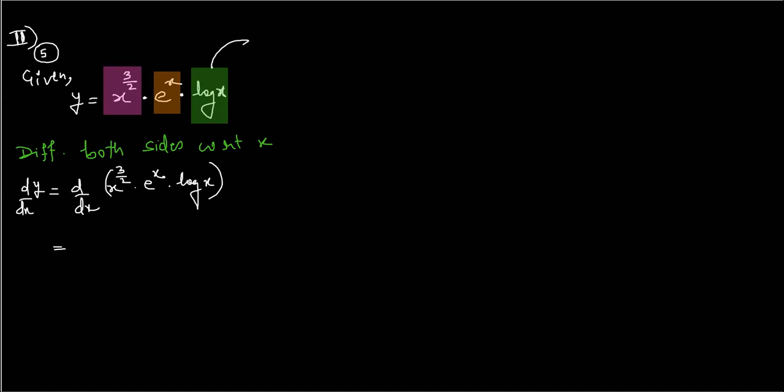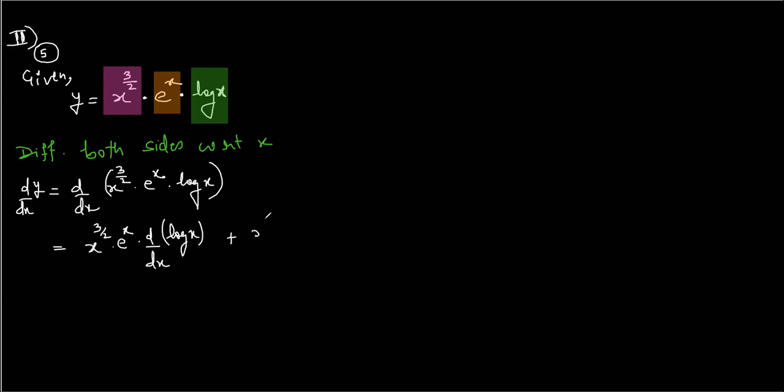I will get x raised to 3 by 2 into e raised to x, d by dx of log of x, plus, I differentiated log x, now it is turn to differentiate e raised to x.